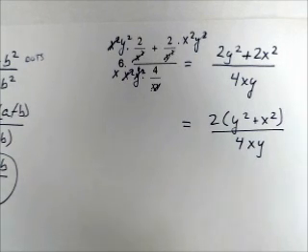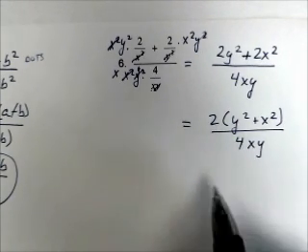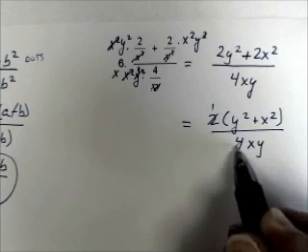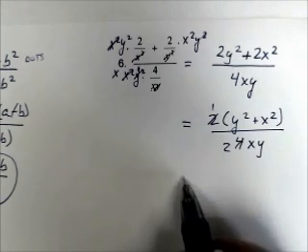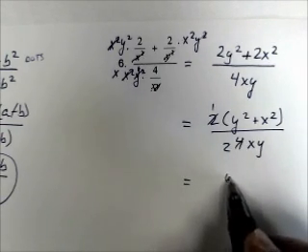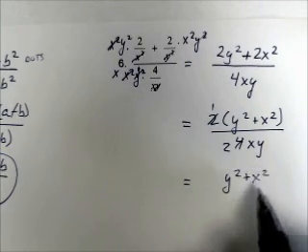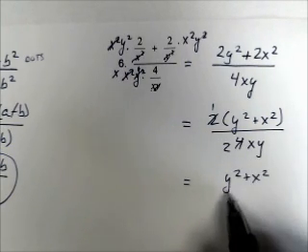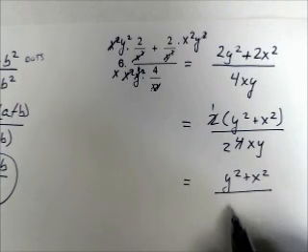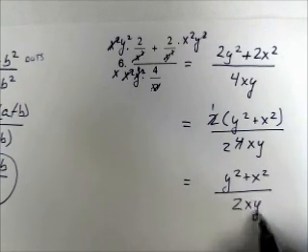This can reduce, right? The 2 and the 4 can reduce once and twice. So our answer is y squared plus x squared, or you can write x squared plus y squared. I actually like that better, but I'll leave it as it is, over 2xy.